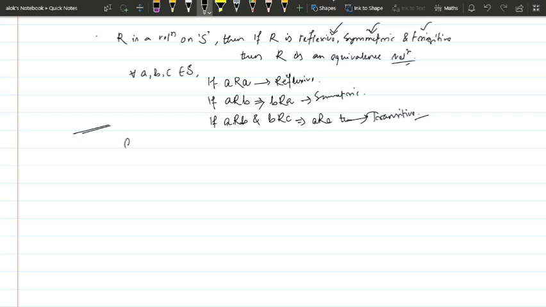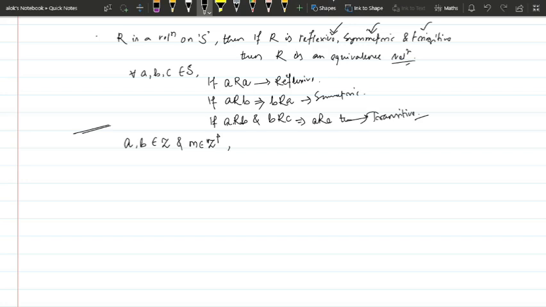Suppose A, B are integers and M is a non-zero positive integer.